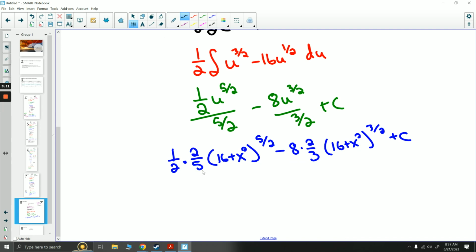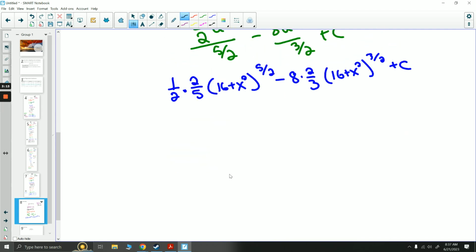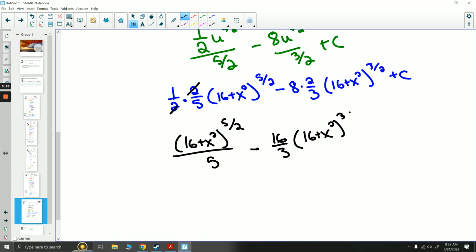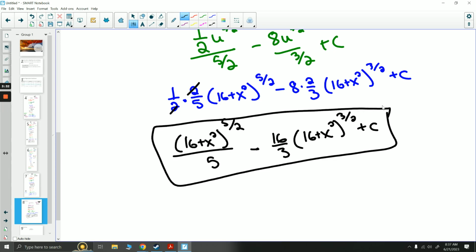So that is to say our problem here will be 16 plus x squared to the 5/2 over 5, minus 16 over 3 times 16 plus x squared to the 3/2, plus c. This is our solution using u substitution.